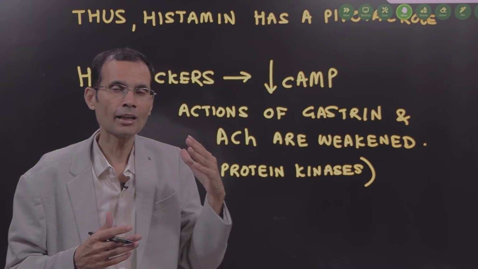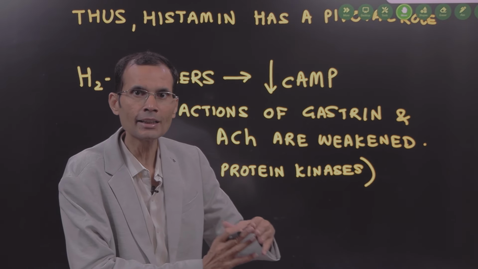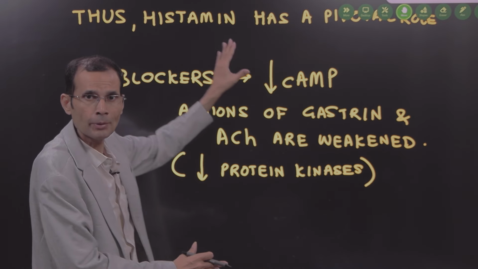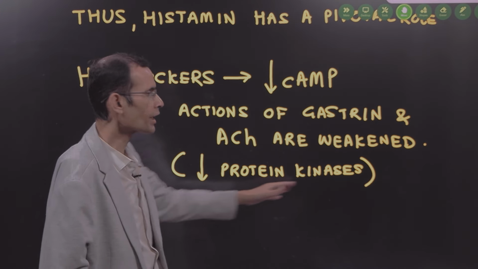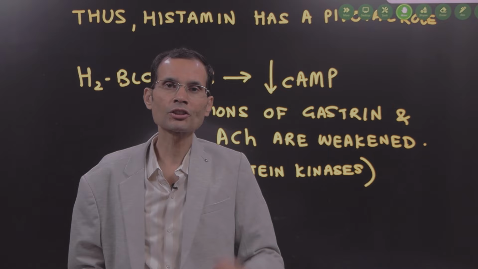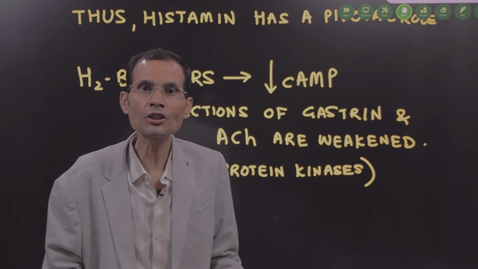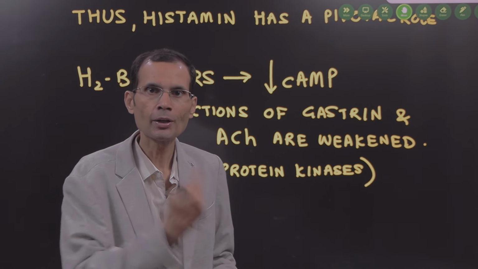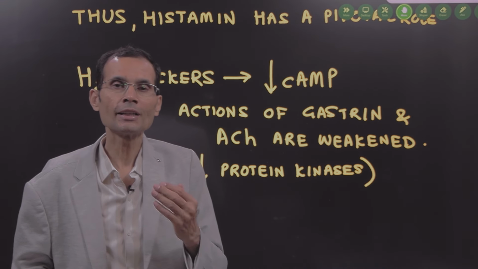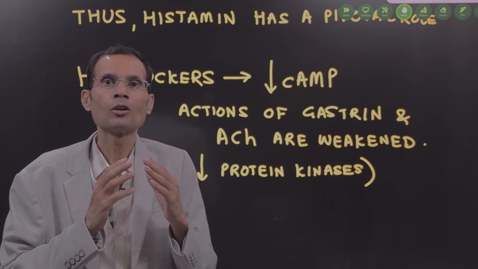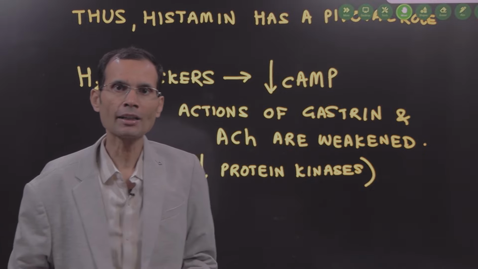Because if H2 blockers are decreasing the cyclic AMP levels inside the parietal cells, that means there would be decreased action of protein kinases, through which those other two stimuli were exerting their actions. So decreased cyclic AMP, decreased protein kinases when H2 blockers are given.